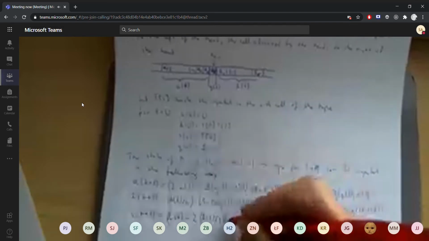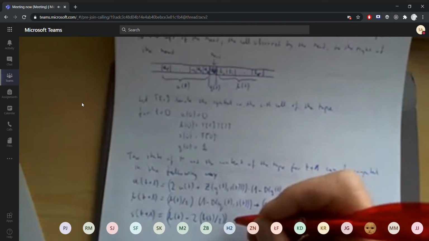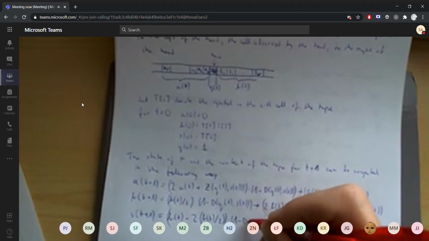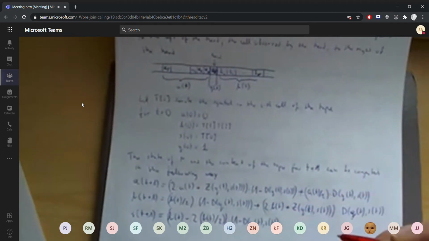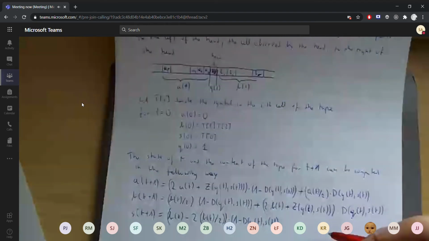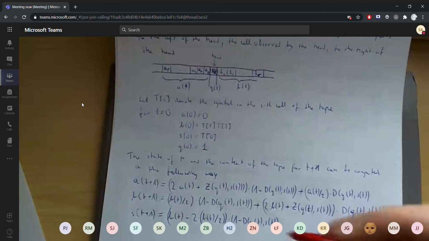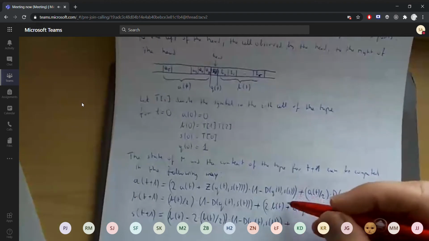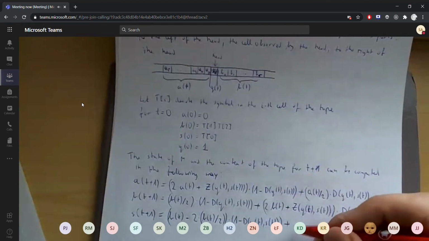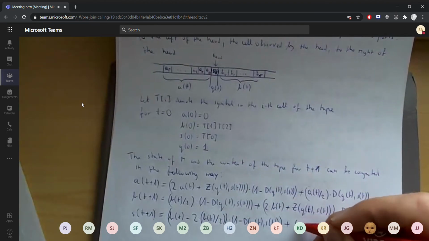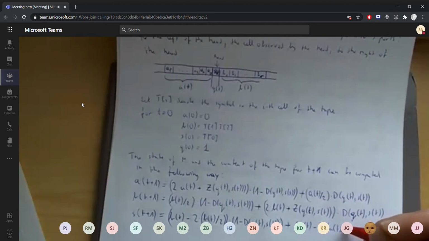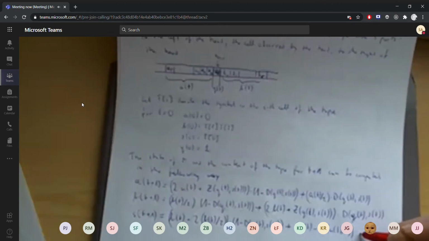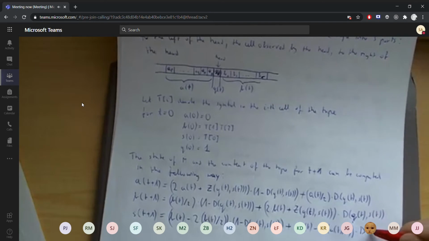So this is B0 if the head moves to the right. And the same thing for A. So it is A of t minus 2 times A of t over 2. Okay, if the head moves to the left.